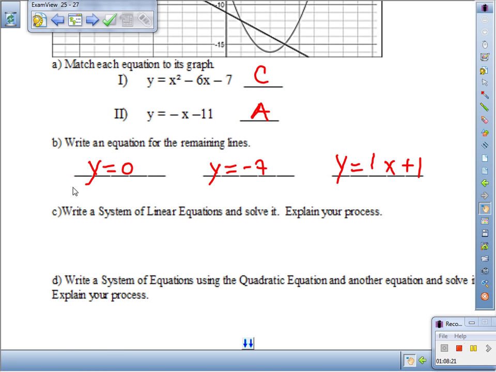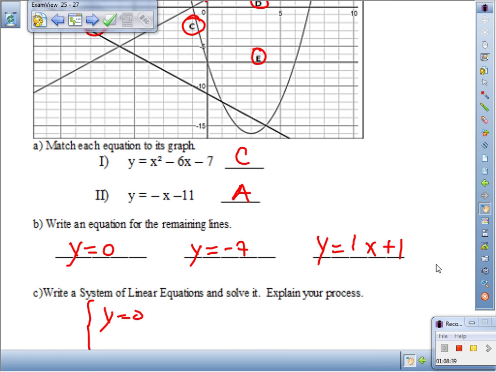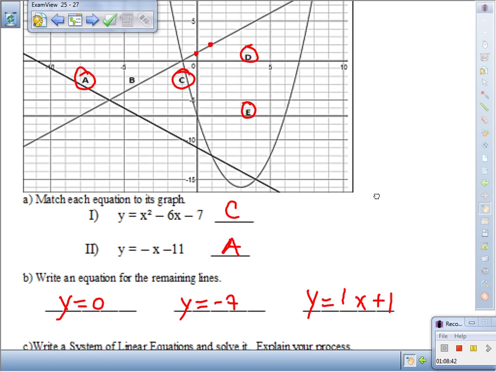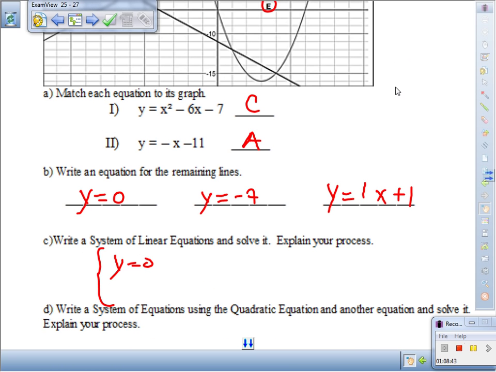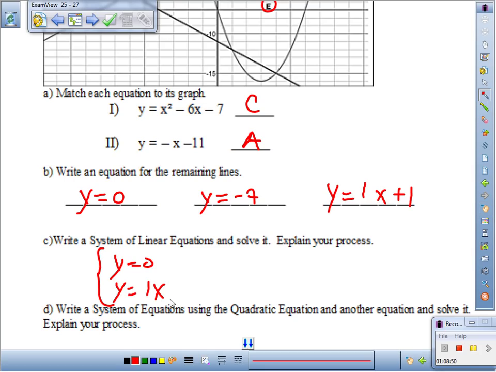Next, write a system of linear equations and solve it. Which one do you want to use? Y equals 0 and y equals 1x plus 1.